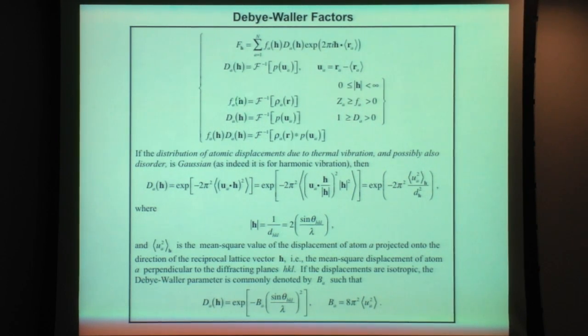Then these two enter as a product here, F and D. Remember we said that if we have a convolution product of two functions, the electron density function and the probability distribution function, the Fourier transform of that convolution product is equal to the product of the Fourier transforms.